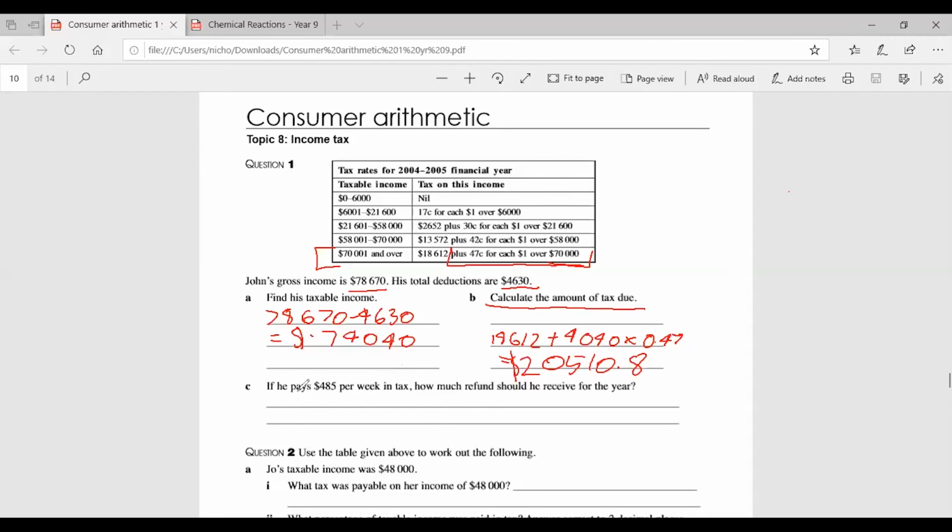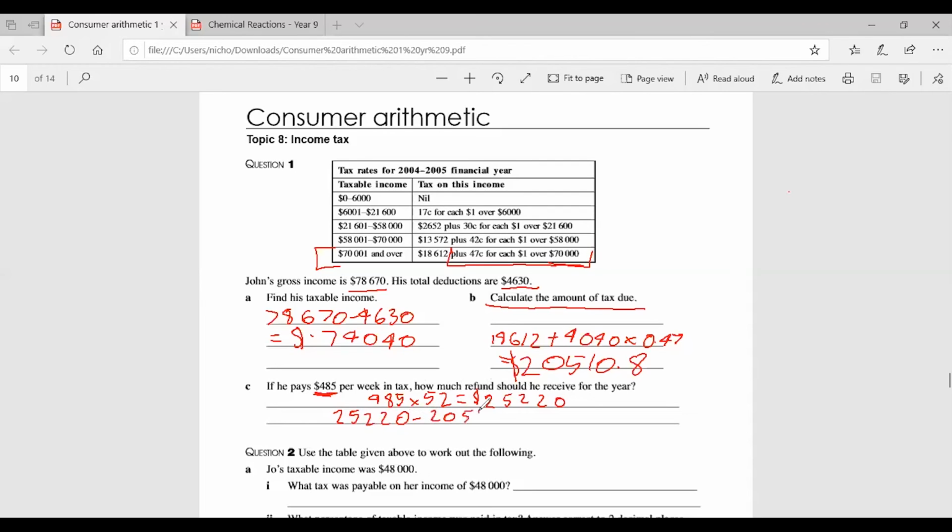So if every week he's paying this amount, we want to find his tax refund at the end of the year. How do you think you do it? We times 485 times 52. What does that equal? 25,220. Yep. We minus that by $20,510.80.